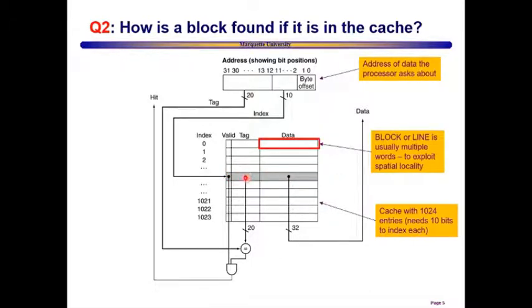Check to see if the tag is the tag that comes from that address. If that is the case, then this comparison gives you a logic 1. But there is something more: a check on the so-called valid bit.